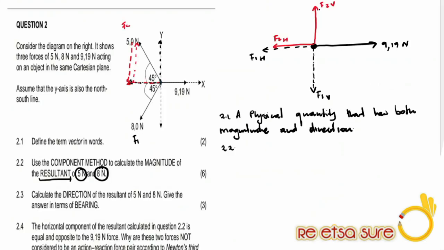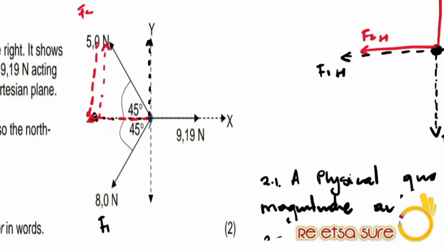So the first step that we must do when we perform the calculations, this is what I normally do with my kids: please make sure that the angle that you are going to use is the angle that is measured from the x-axis. So now let's see.